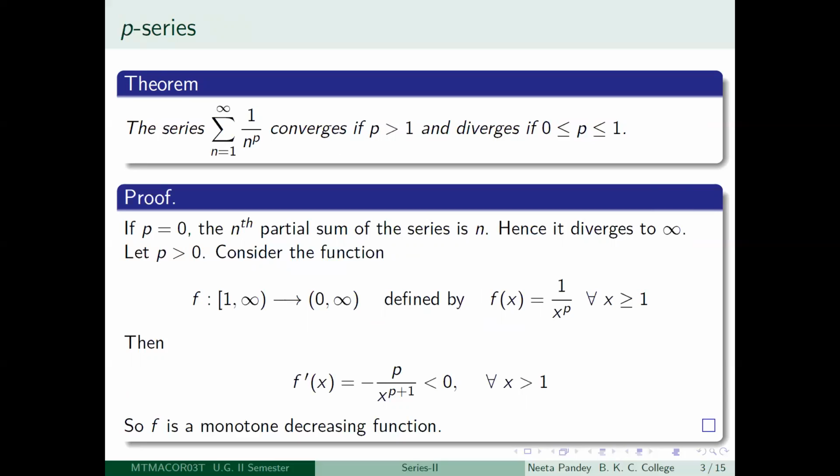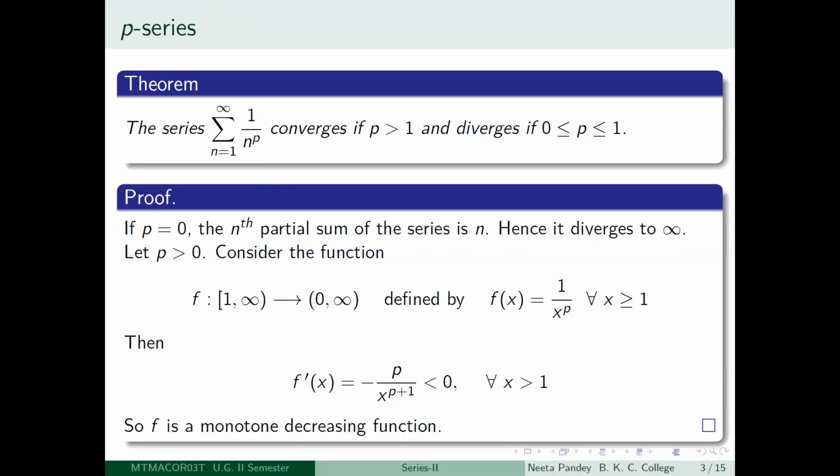The first one is a very important series. It is called the p series. And the reason is that p plays an important role in the expression of the series. So look at the series summation n equal to 1 to infinity 1 by n to the power p. So p can be any real number. For the time being, we are going to assume that p is greater than or equal to 0.